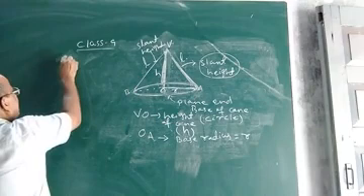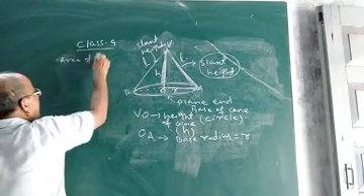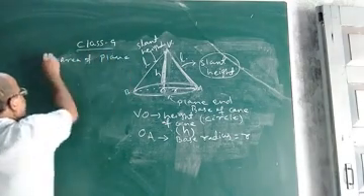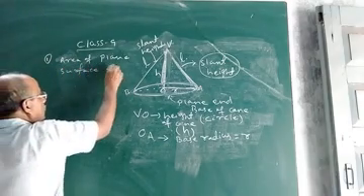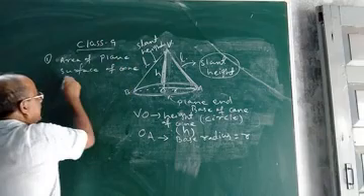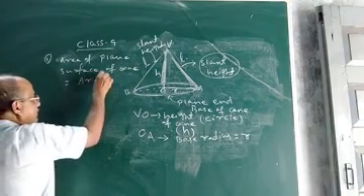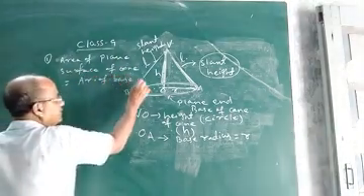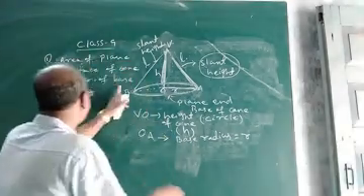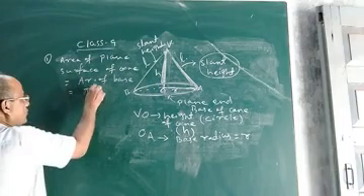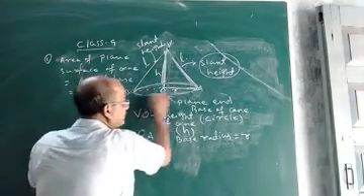Area of plane surface of cone means it is your area of base. And here the base is a circle, and you know what is the area of circle. It is pi r square. So area of base will be equal to pi r square. Means this is the area of plane surface.